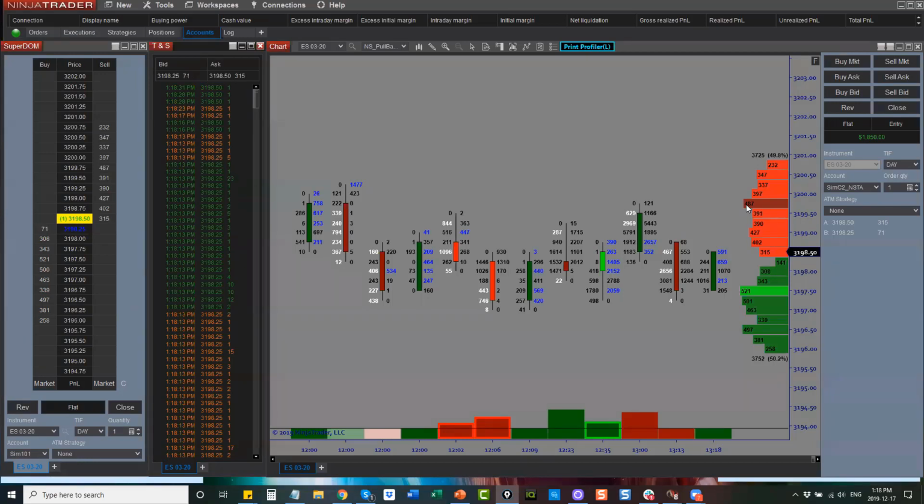It means there's 487 orders parked at that price level. Could it change at any given time? Yes. What about this 497? You see how it just shifted? You see how fast it is? Oh, back to 522.